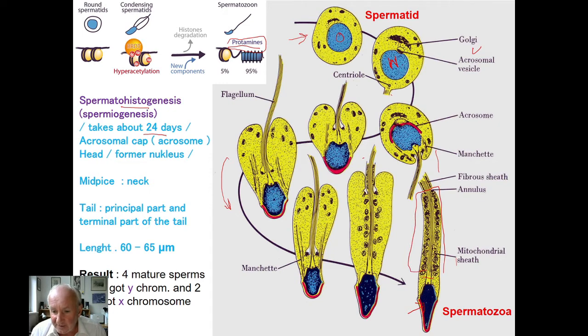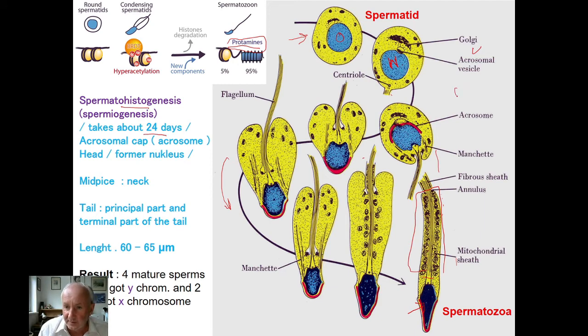What is interesting here is this mitochondrial sheath, one mitochondria next to another. The big factory for ATP molecules, adenosine triphosphate, energy for the movement of the tail. The tail has this principal part, you see only a small part here, and the terminal part of the tail.